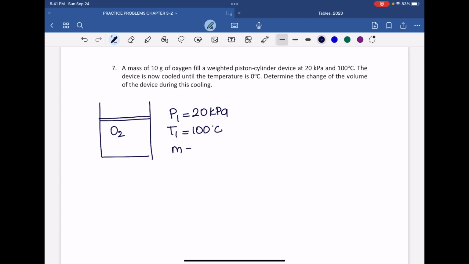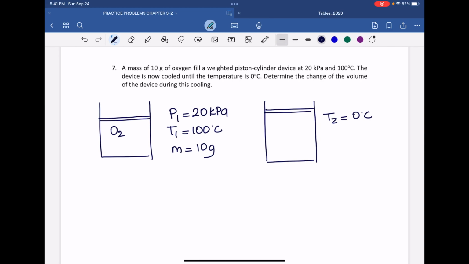And this is the first state, right? After that, what happens is the volume is changing. And the pressure, we are given the temperature actually to be 0 degrees Celsius.